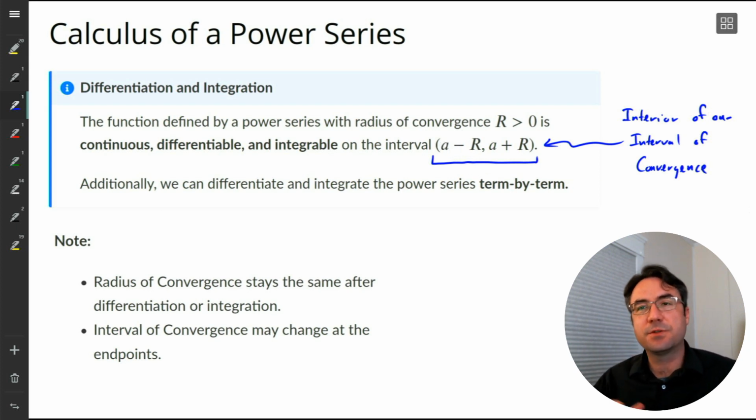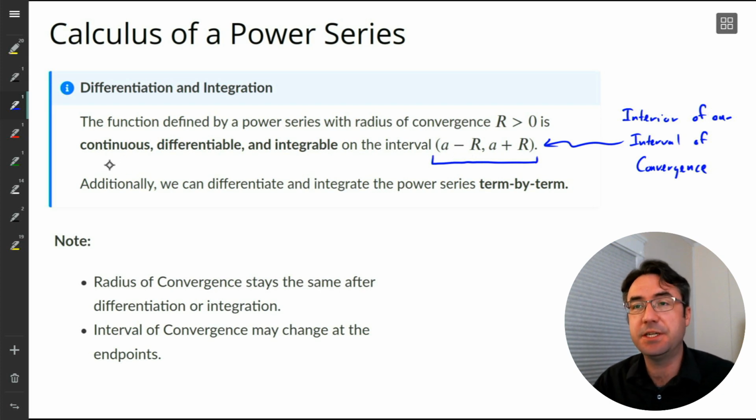We know there are questions about what happens at the endpoints for our power series, and for this result, sometimes there can be issues at those endpoints. So we're just going to focus our attention on everything inside our interval of convergence. There might be things that go wrong at the endpoints, but in between those endpoints, everything is perfectly fine.